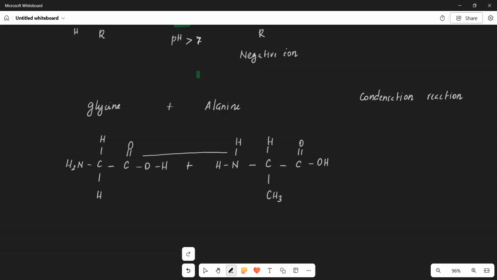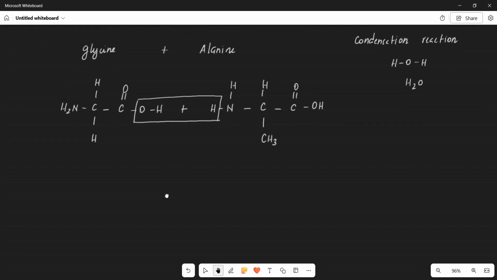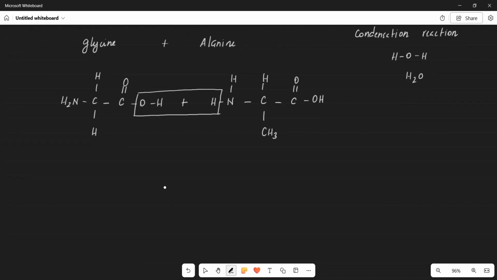This is the molecule which is going to be removed, lost. What is going to be lost? Water is removed. H2O is removed.